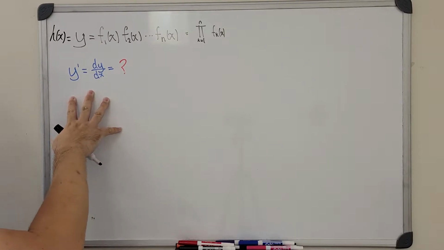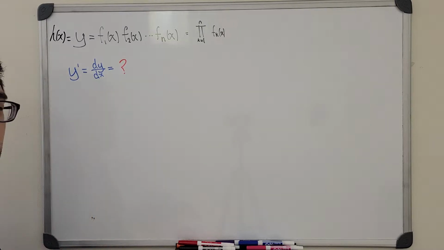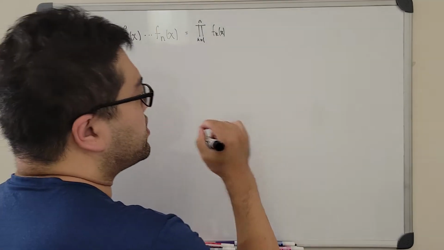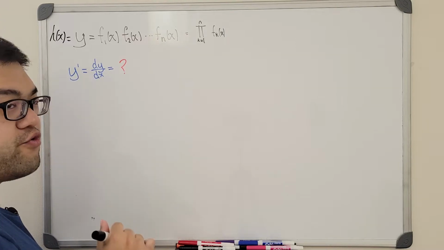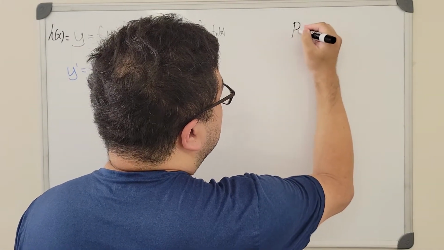How should we find the first derivative, y prime, also known as dy over dx? Before we get into the solution, we need to keep in mind a tool from a calculus course, which is the product rule.